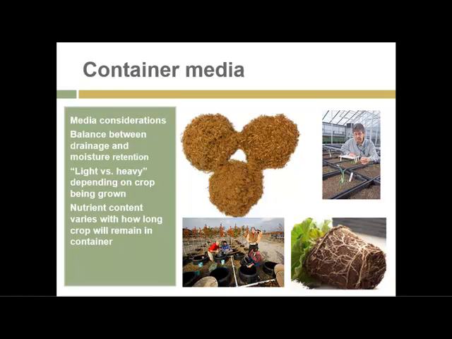And also heavier soils tend to hold nutrient content, and so a function of nutrient content is how long the crop will remain in the container, and how often and how much you're willing to fertilize while the plants are being prepared for sale.